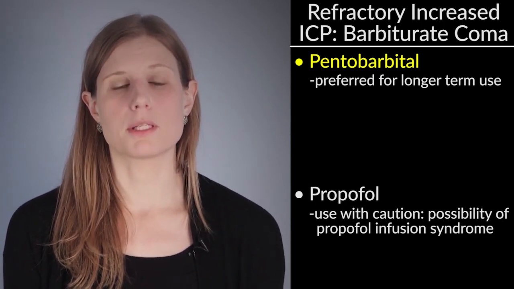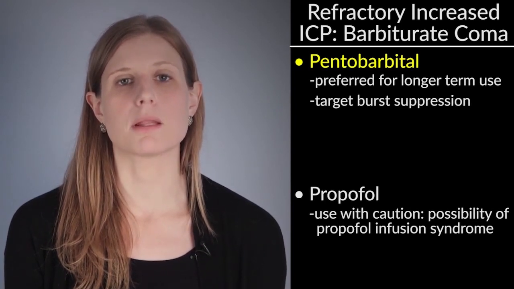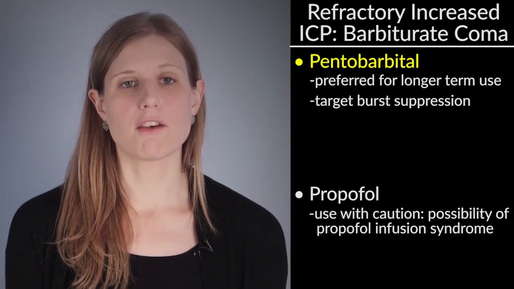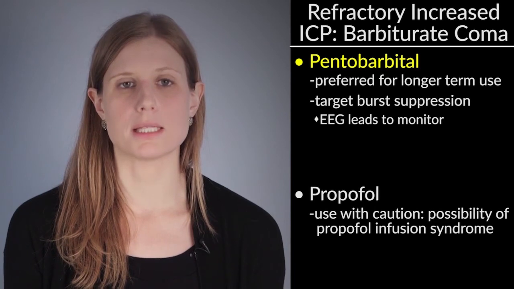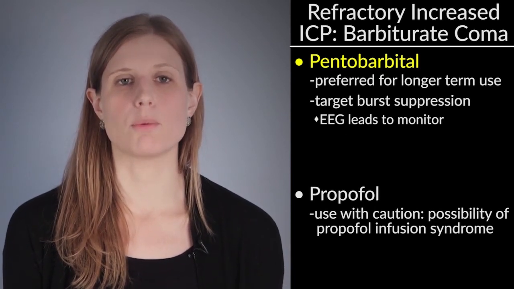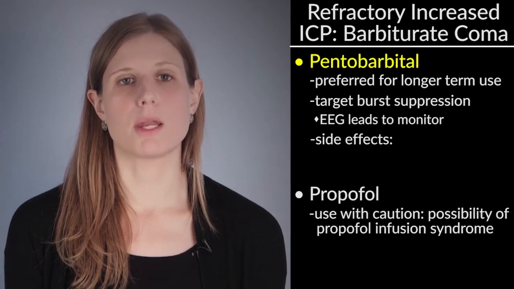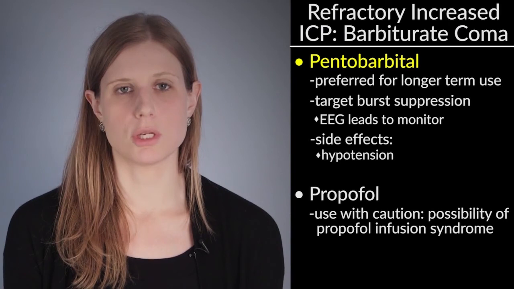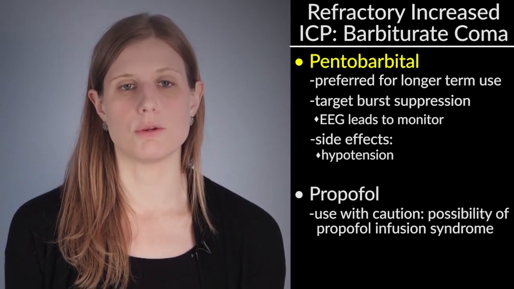And again, with pentobarbital, we're really trying to target burst suppression and keeping the brain at a very, very low level of functioning. So when we have pentobarbital on board as a continuous infusion, we'll often have EEG leads in place as well, monitoring the brain waves. The important side effects of pentobarbital to keep in mind is that it can give you a pretty profound hypotension, so you may need to go up on your vasopressor requirement in the setting of this use.